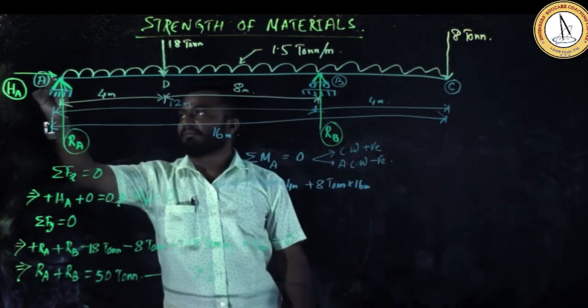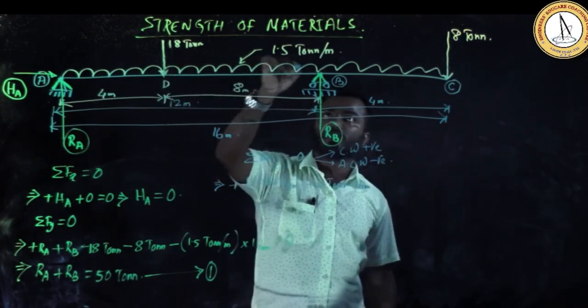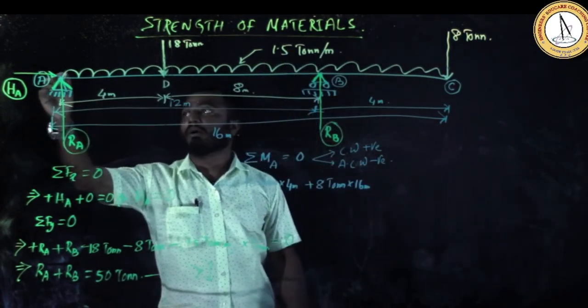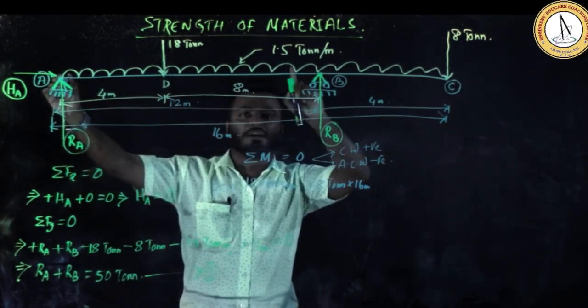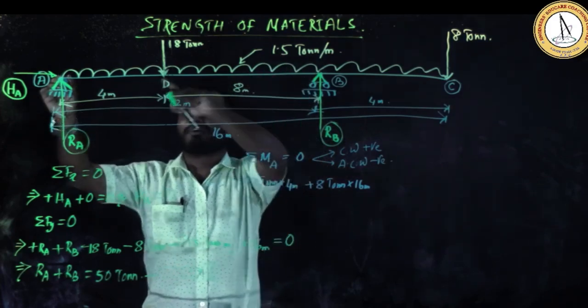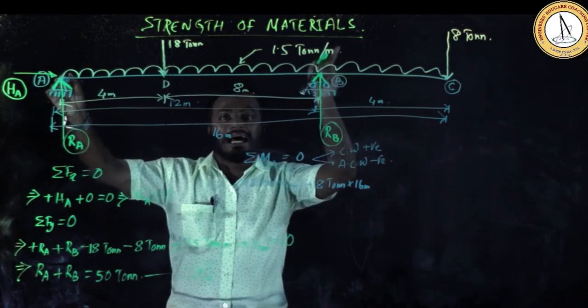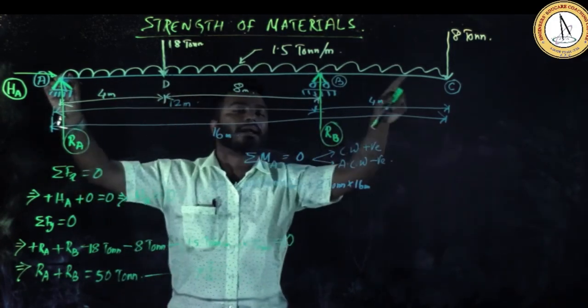Similarly, if I consider the point A, I have another force which is the UDL. Because of UDL also A will feel some moment. Now what will be that moment? First you need to convert the UDL into a single point load. And we know that whenever I will convert a UDL into a single point load, that single point load will act over the CG of the loaded area.